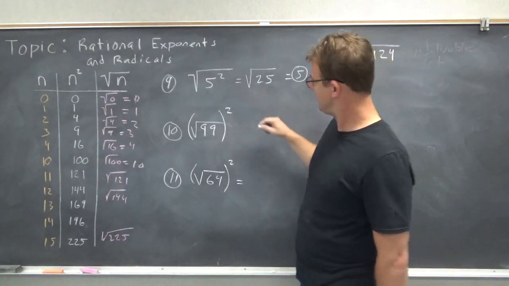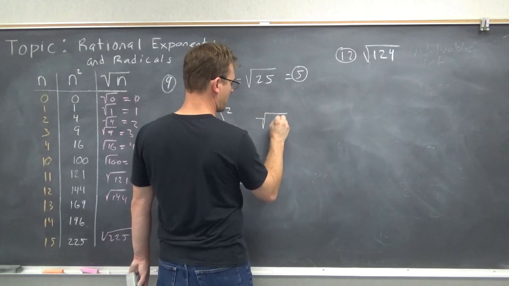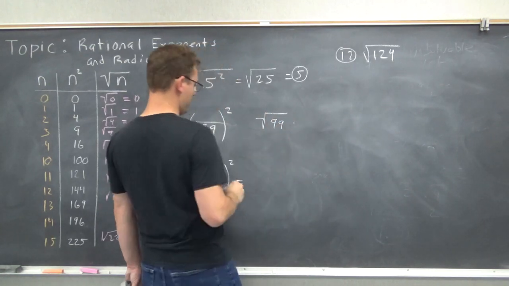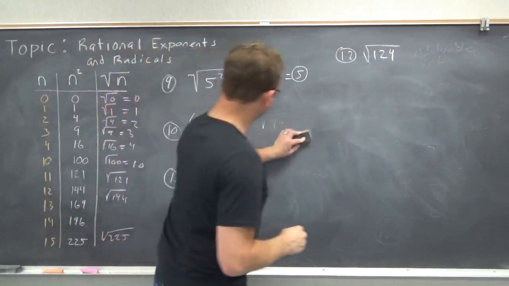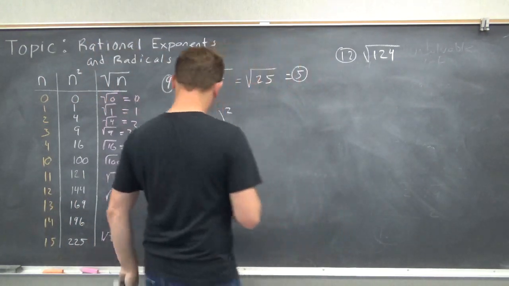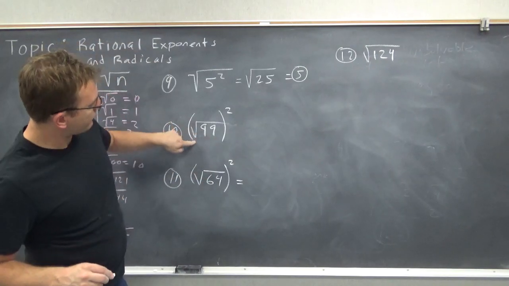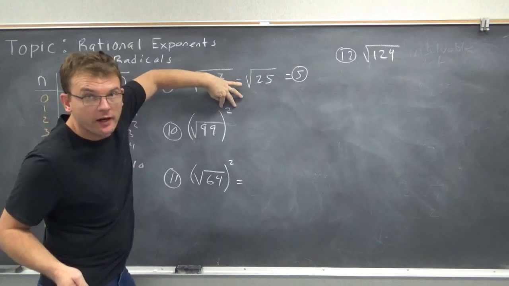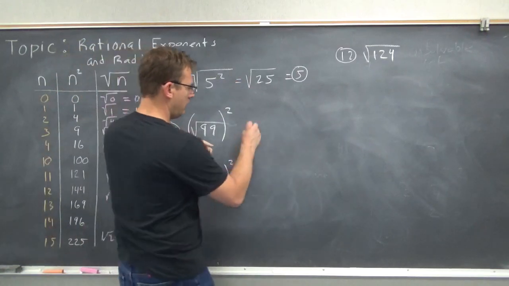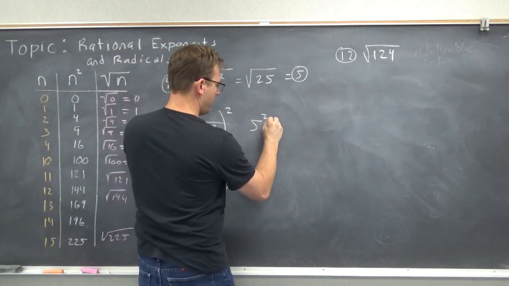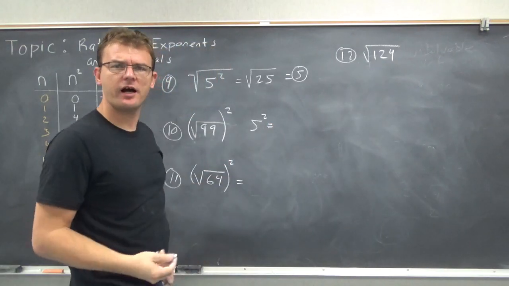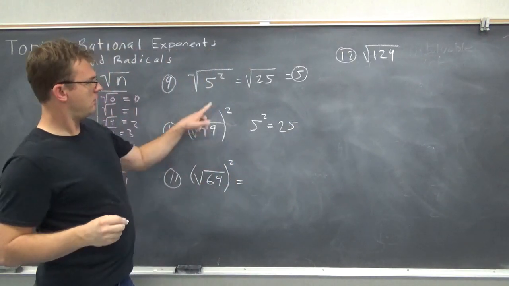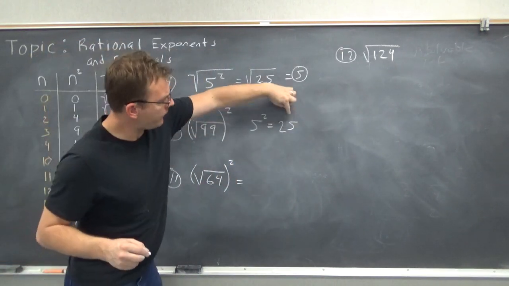Because what's the square root of 99? We don't know, but it's all squared. Wait a second. 5 squared is 25, right? How do we go backwards?